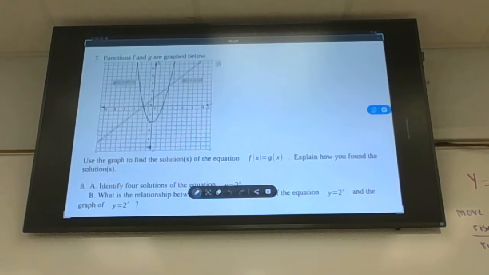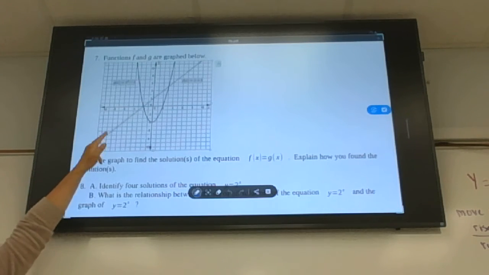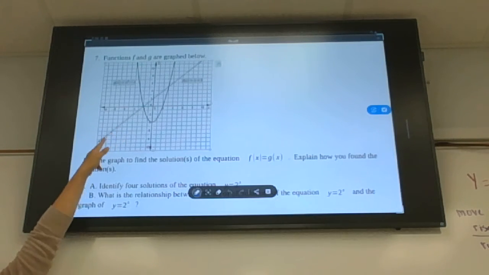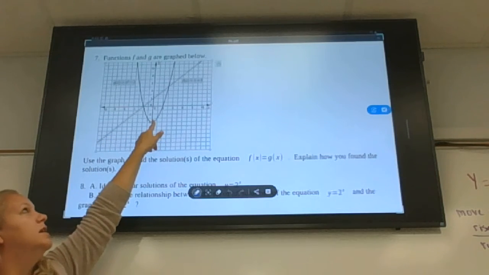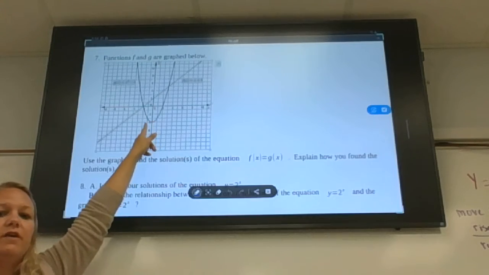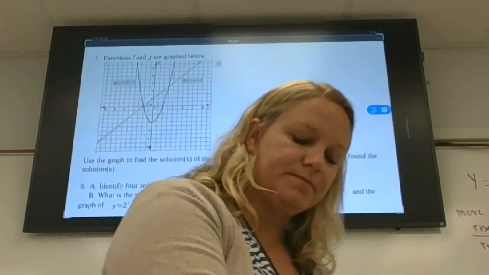All right, so first off, it's hard to see from your desk. What we have here are two types of equations. I'll point. What's this one called? This is a linear equation graphed right on top of a quadratic equation. So what we have here is a parabola and a line.